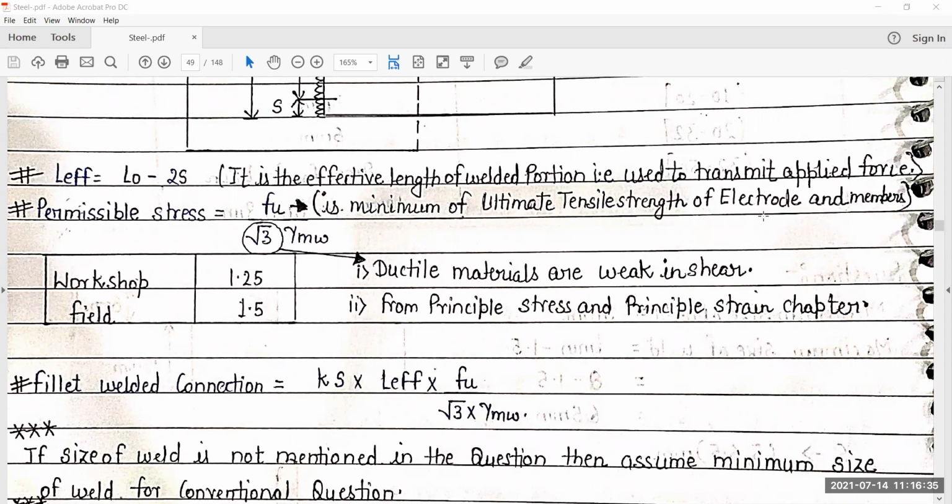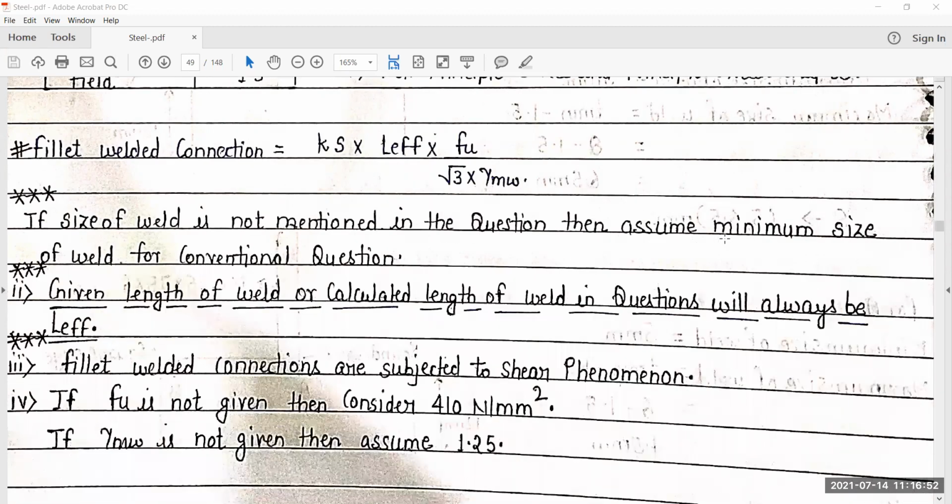For the fillet weld connection, the length L equals P upon the throat area and permissible stress. If the size of weld is not mentioned in the question, then assume the minimum size of weld for a conventional question. The calculated length of weld in the question will always be less.